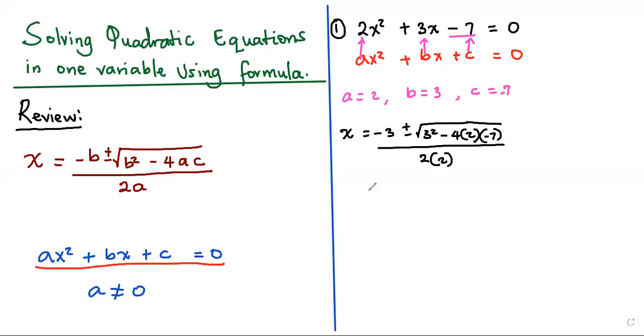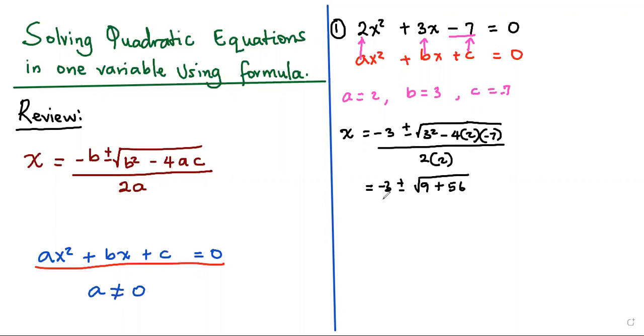Okay, so then we have minus 3 plus or minus the square root of 3 squared, that will be 9. Then minus 4 times 2, that will be minus 8, and then minus 8 times minus 7, we get plus 56.